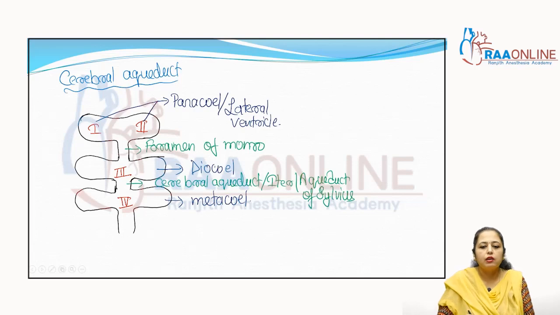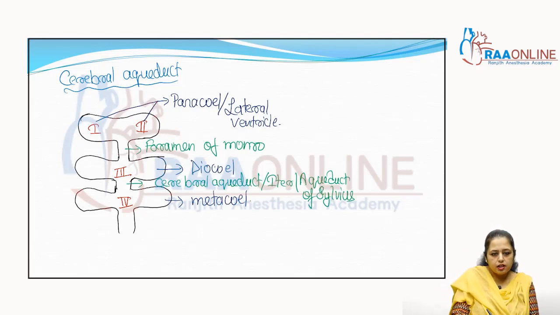So these are the brain ventricles, right? And the third ventricle, diacele, and metacele are connected with the cerebral aqueduct, and CSF is formed in between them, right? CSF formation occurs in between the third and the fourth ventricle.